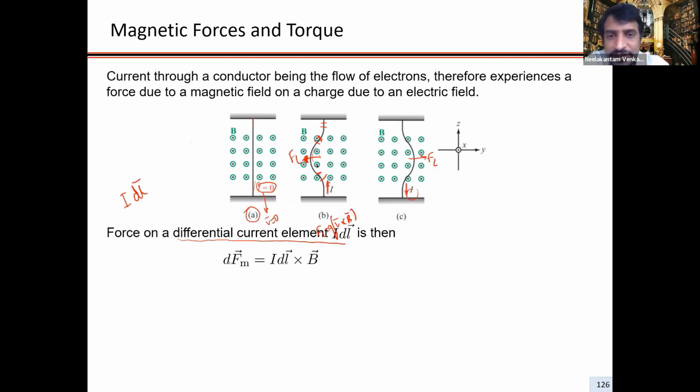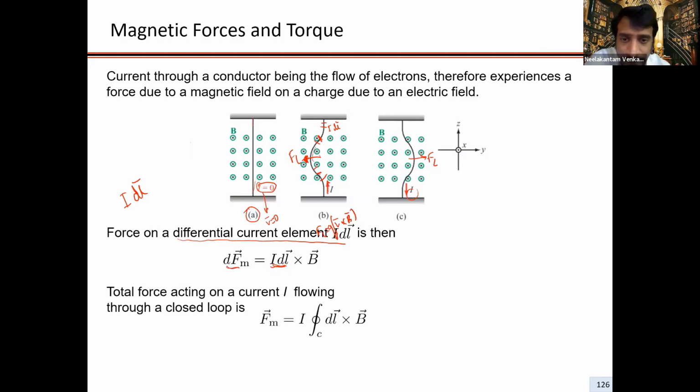If I take that small little current section, the amount of current that flows through it is I, and that current element is going to be IDL vector. So my small little Lorentz force due to that small little current is going to be IDL cross B, which is the same as QV cross B, the same Lorentz force manifesting in this form.